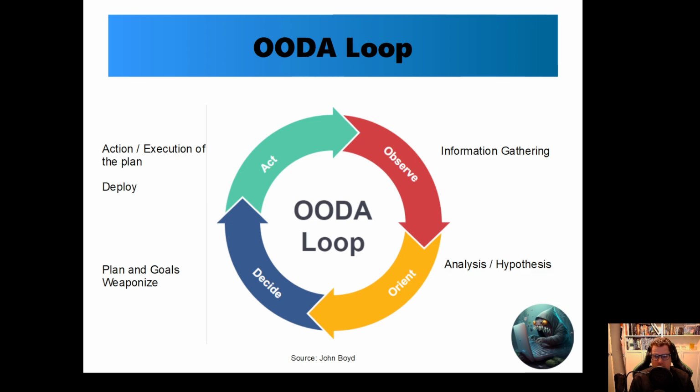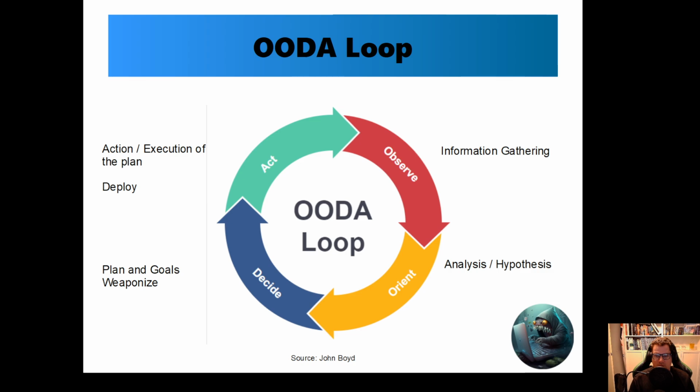By deploying deception technologies, we can disorientate the threat actor. We can make them question what's true in our environment and what's not true. And we can keep them in that observe phase. We can also disrupt their actions, so they can never actually execute the attack.